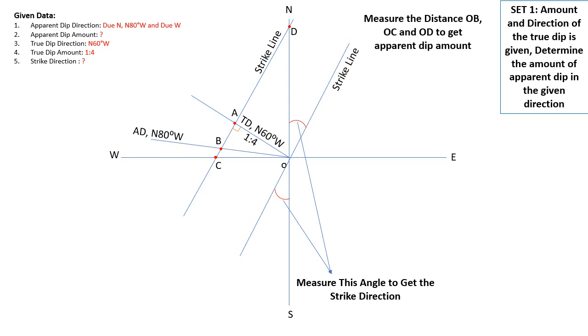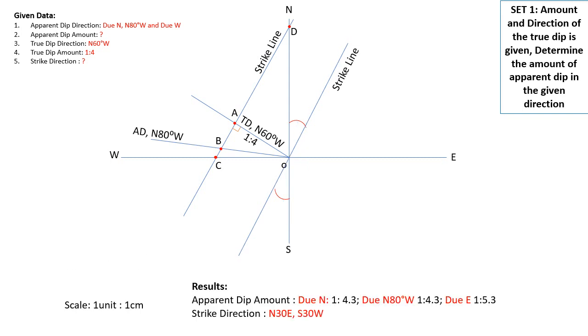Then the final answer you have to write is the strike direction. Strike direction is the angle between the north south east west line and the strike line. Here the strike line which we have drawn makes an angle of north 30 degree east and south 30 degree west.